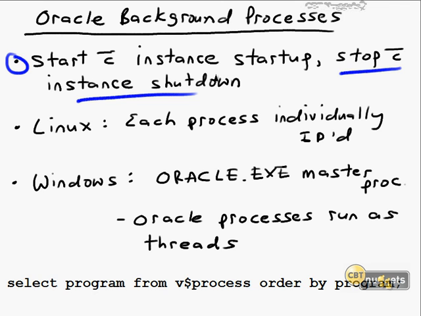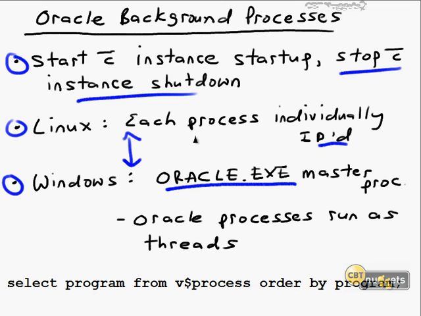For example, Oracle running on Windows keeps all background processes under a single master process called oracle.exe. That actually is one of the relatively few big differences between Oracle Database running on *nix versus running on Windows. Under Linux, your Oracle background processes are individually identified.